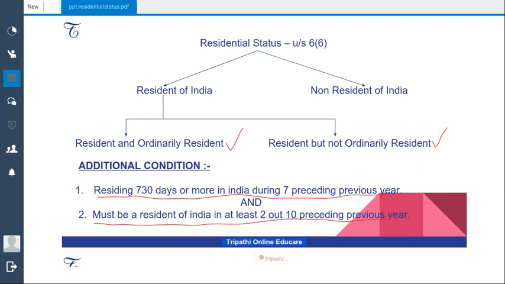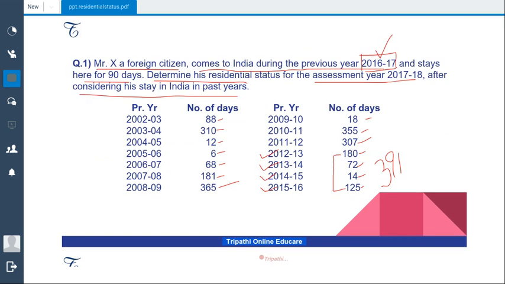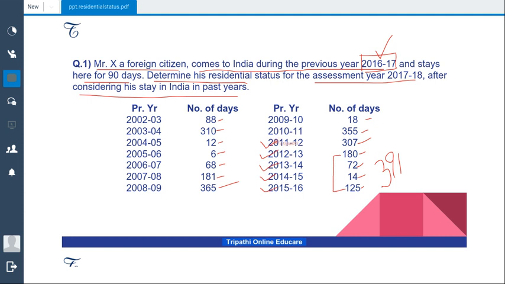So let us see whether Mr. X is fulfilling the additional conditions or not. The first additional condition says residing 730 days or more in India during 7 preceding previous years. So now we are looking for 7 preceding previous years. We already have 4 preceding previous years. We will add 3 more: 2011-12, 2010-11 and 2009-10.